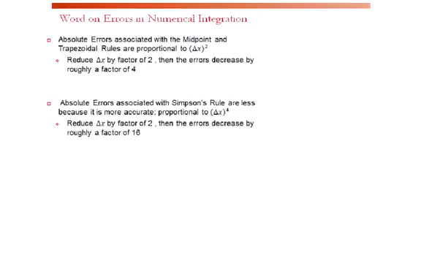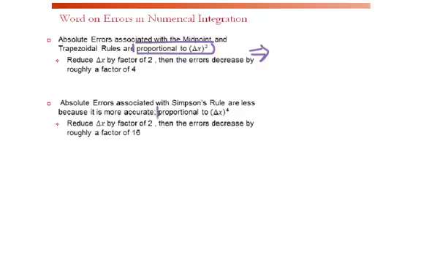For the midpoint and the trapezoid rule, if you reduce delta x by a factor of 2, the errors are going to decrease by a factor of 4. So what that's really saying is that they're proportional to delta x squared. And for Simpson's, if you reduce delta x by a factor of 2, the errors are going to decrease by a factor of 16.